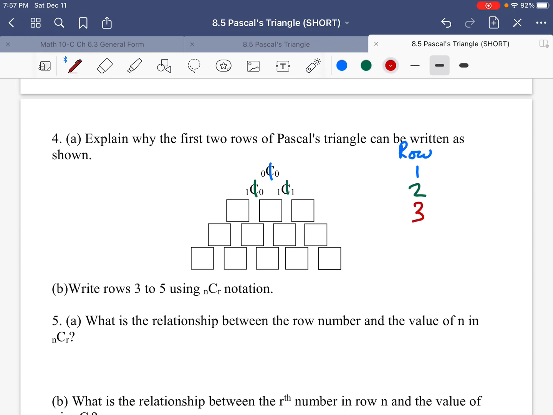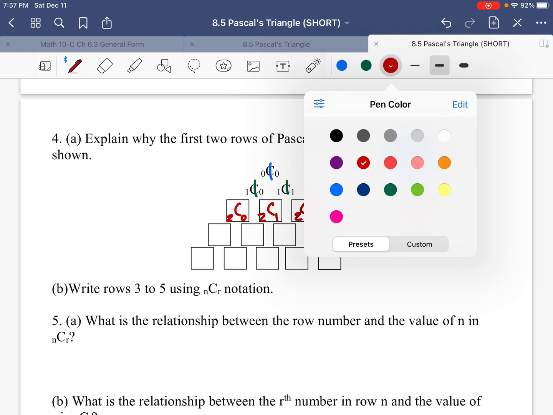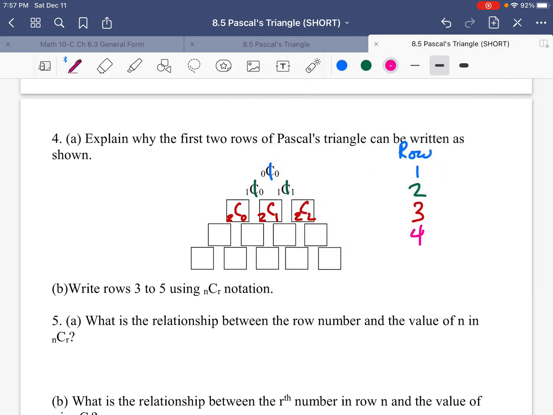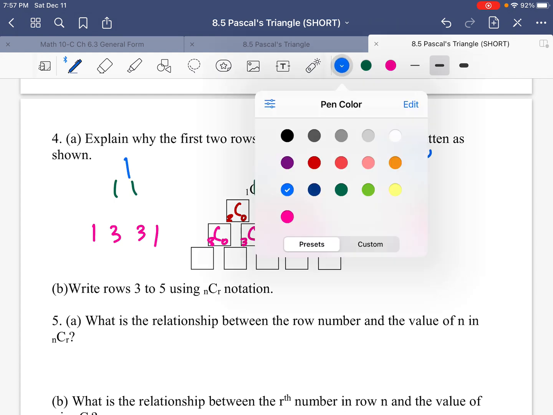Row 2, which is 1C0, 1, or 1C1. Row 3 is 2C0, 2C1, or 2C2, 1, 2, 1. Row 4 would be 3C0, 3C1, 3C2, 3C3, which is 1, 3, 3, 1.